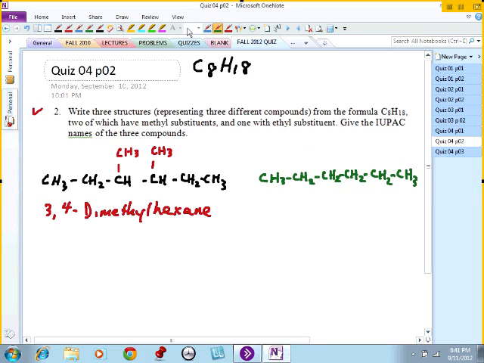Okay, so that is the base name. Then I will keep in mind that it has to be a different compound from this. The only way you know that the two compounds are different is if you give them different names. So I come here, I take this out.